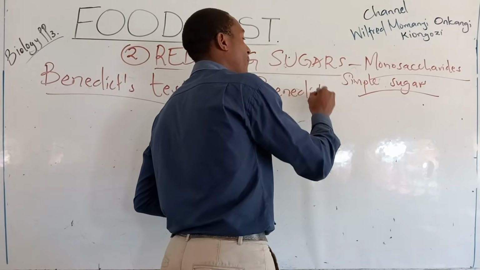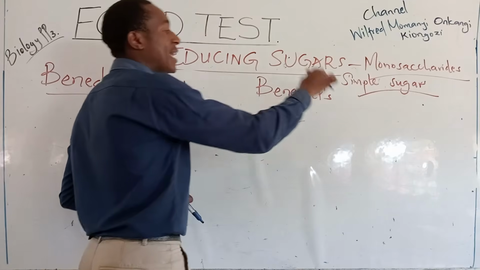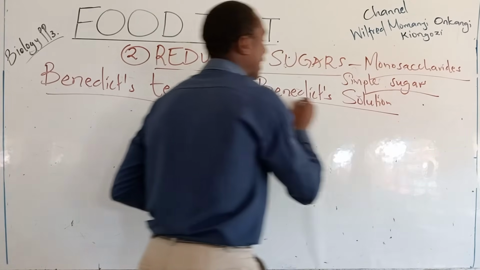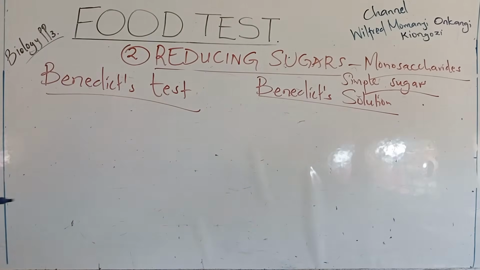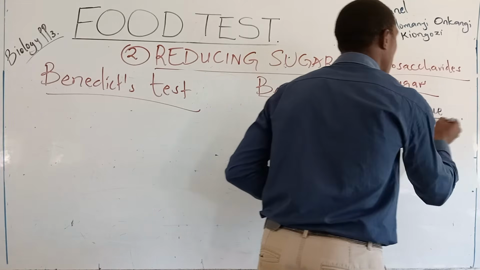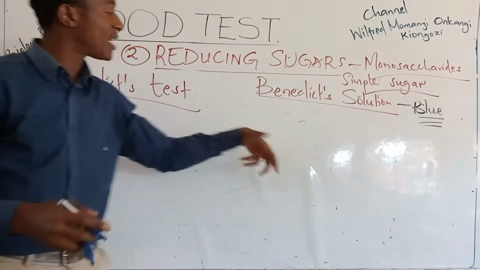Note the correct spelling: there must be an apostrophe between T and S. The color of Benedict's solution, the background color, is blue. You must always understand the color of the reagent, which gives us the background color.